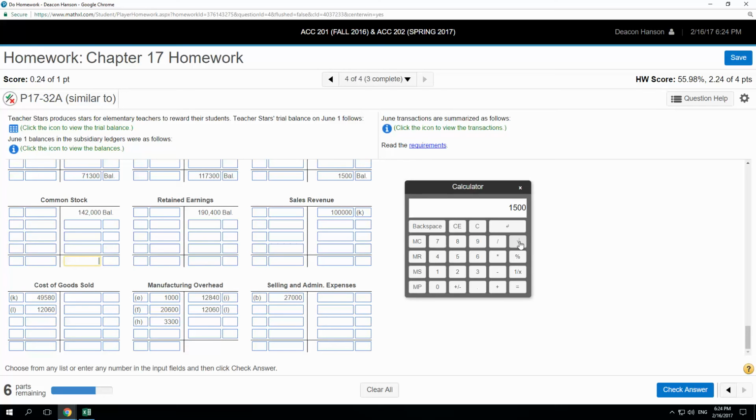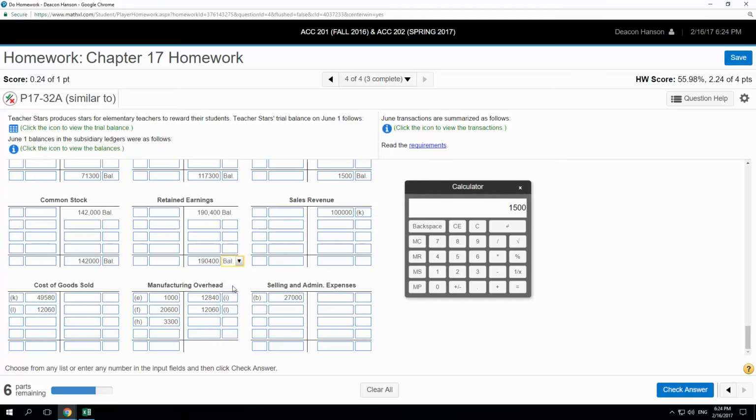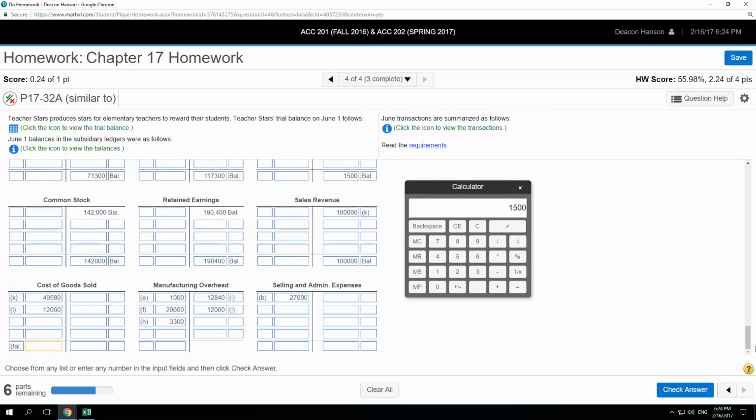Some of them are easy, like common stock. You don't have to do any adding. Retained earnings. Sales revenue only has one item. Cost of goods sold will be 51,640.